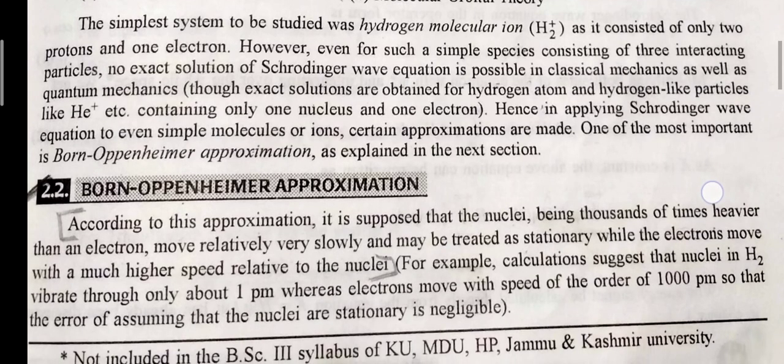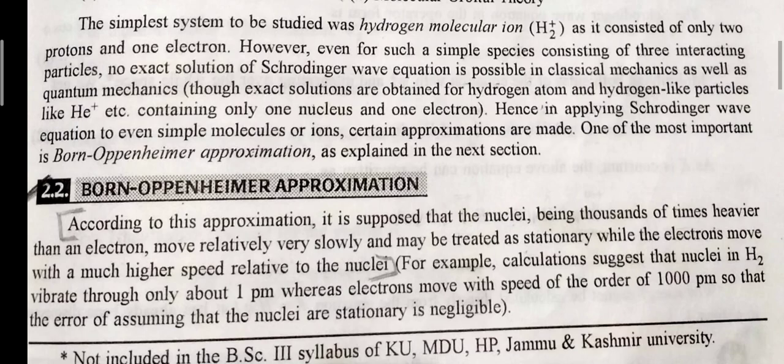According to this approximation, it is supposed that the nuclei, being thousands of times heavier than an electron, move relatively very slowly and may be treated as stationary, while the electrons move with a much higher speed relative to the nuclei.